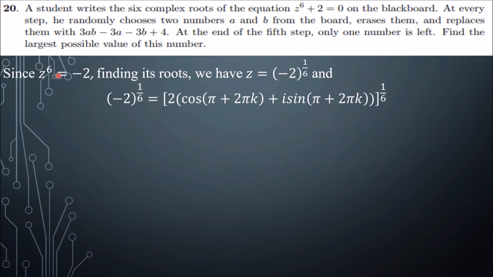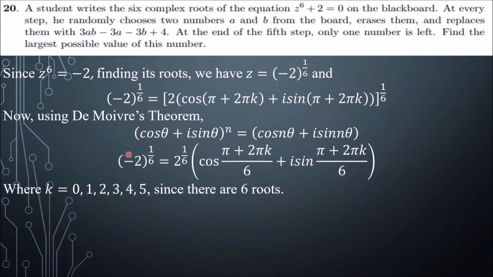Since z raised to 6 is equal to negative 2, finding its roots, we have z is equal to negative 2 raised to 1 over 6. And because negative 2 is equal to this one, we raise that to 1/6. We will also raise this to 1 over 6. Now, using De Moivre's theorem, cosine theta plus i sine theta raised to n is equal to cosine n theta plus i sine n theta.